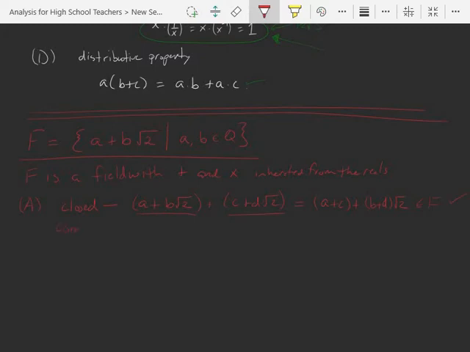Commutative property, that's inherited from the addition of the reals too. Since it was commutative in the reals, it's commutative in this smaller set. Same thing with associative.